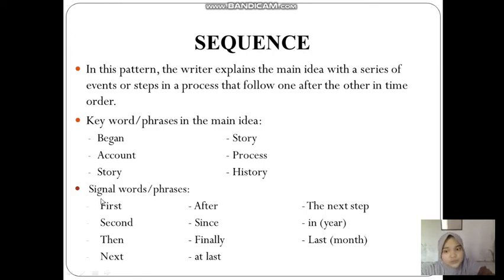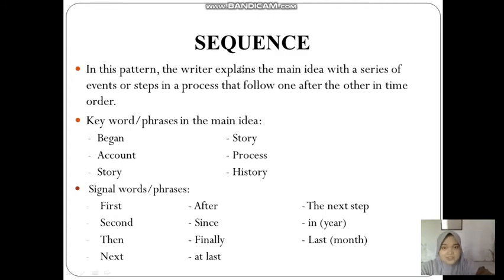Then we should identify the signal words after we identify the keyword. The signal words such as first, second, then, next, after, since, finally, at last, the next step, in year, for example in 1964 or others, and the last is last month, for example last October or last June.